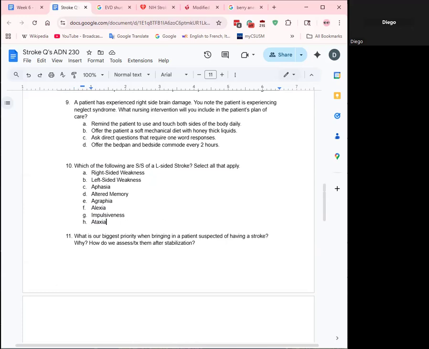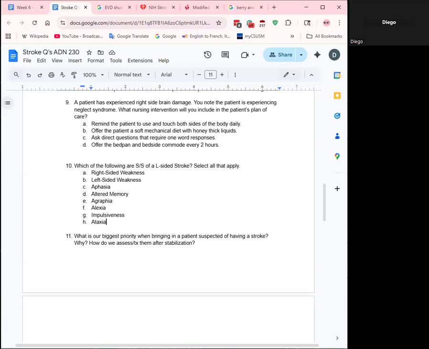So if they give you a choice between a contrast CT and a non-contrast CT, you want to pick the non-contrast because the contrast gets in the way of seeing bleeds.